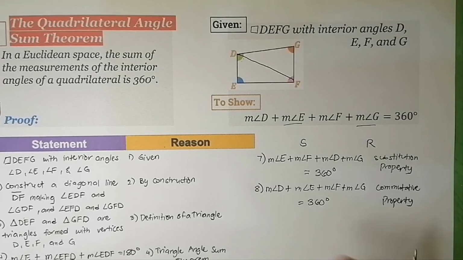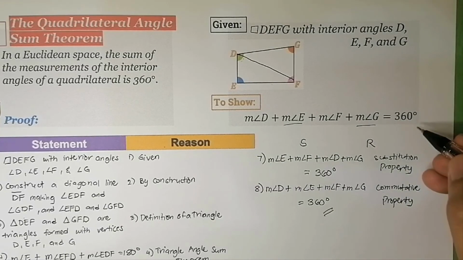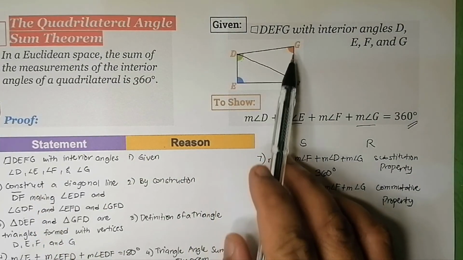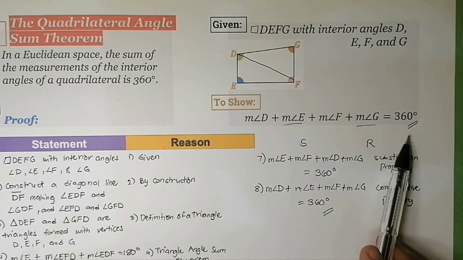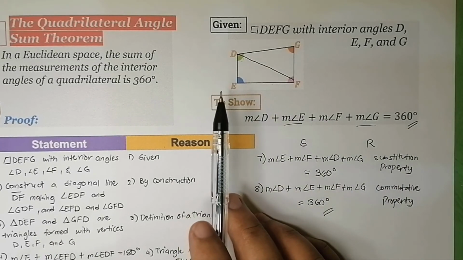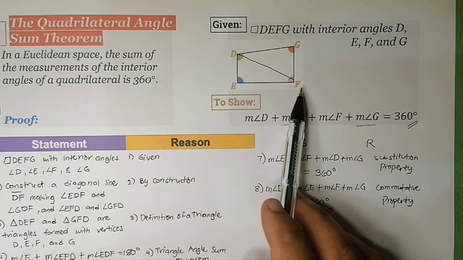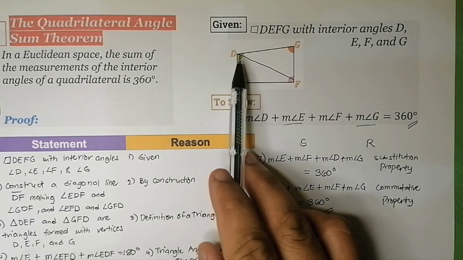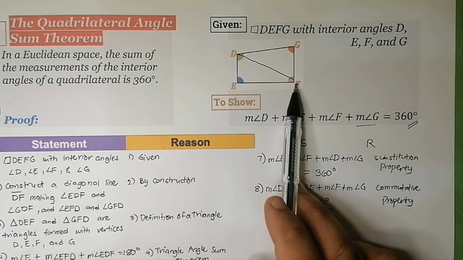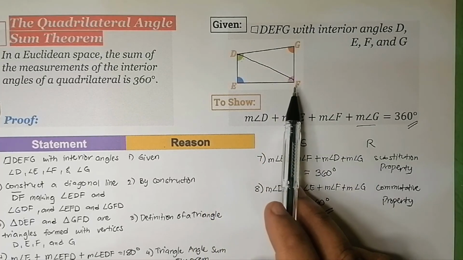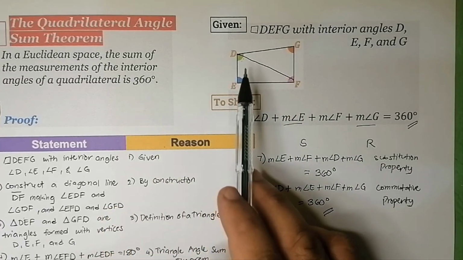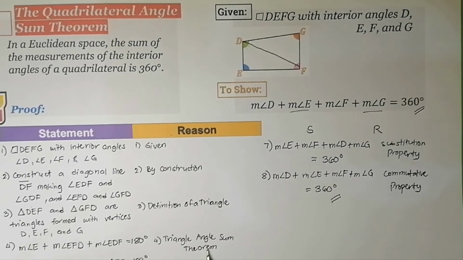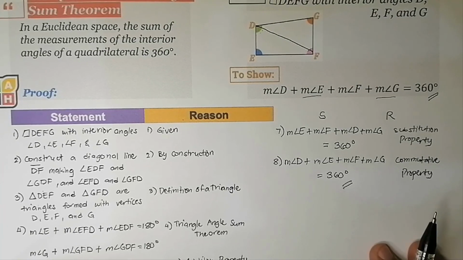This is now the proof that it's true in a Euclidean space, the sum of the interior angles of a quadrilateral is 360 degrees. This was made possible when we made this diagonal, and instead of looking at it as a quadrilateral, we have two triangles where vertices are the same with the original vertices of the given quadrilateral, and came up with different angles here, and looking with the triangle angle sum theorem to come up with this statement.